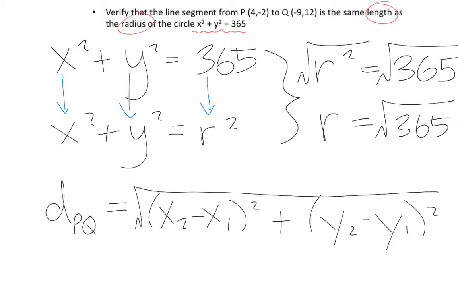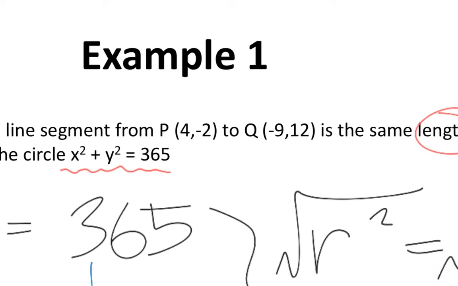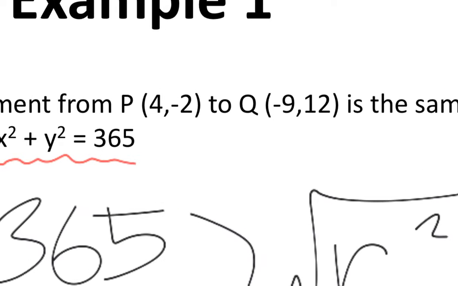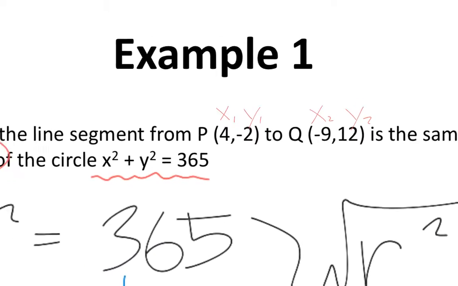Before we substitute in our values, let's go ahead and make life easier for ourselves. We have 2 coordinates. Let's label this x1 and y1, and let's label this x2 and y2. That makes life a little bit less confusing.